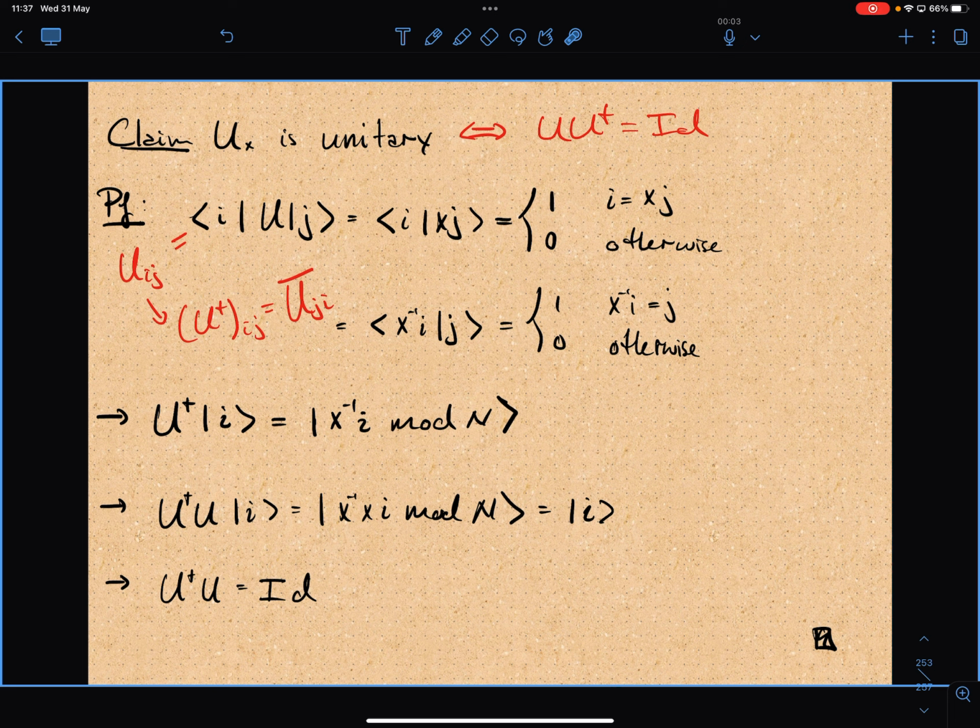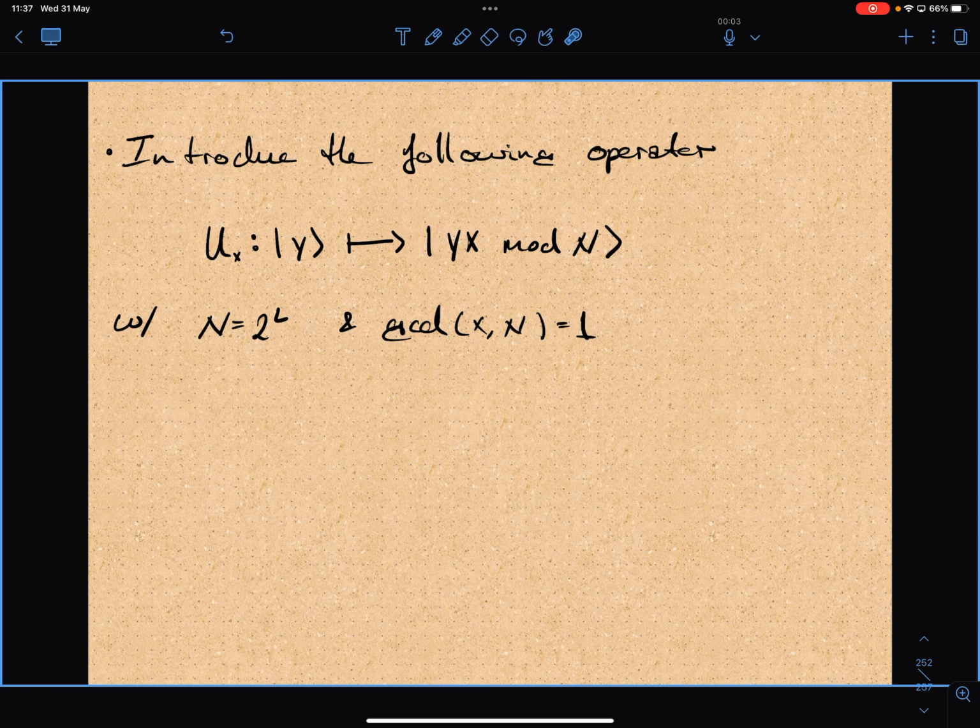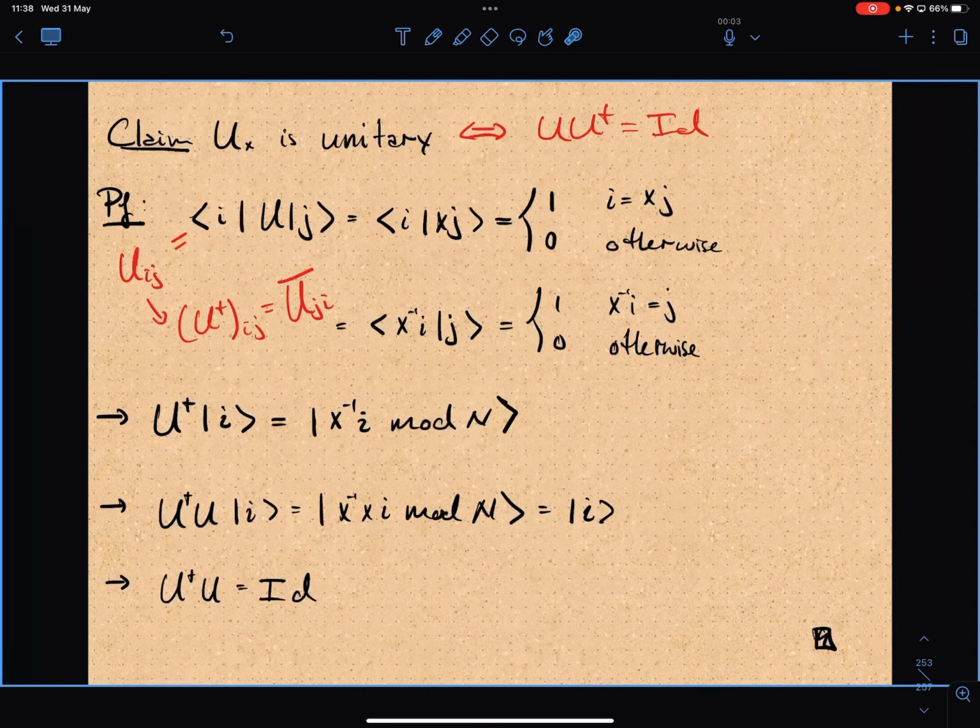Because for instance, let's say x is equal to n, would this work? So clearly, if x is equal to n, the GCD of n and n is not equal to 1. It's going to be n. So would that work? I claim that it doesn't.